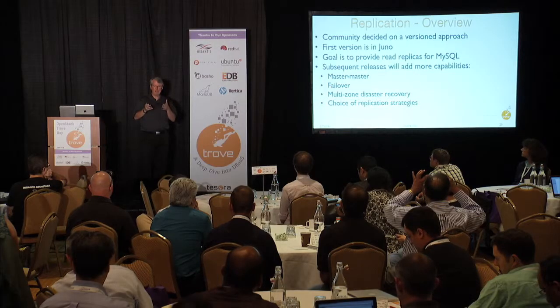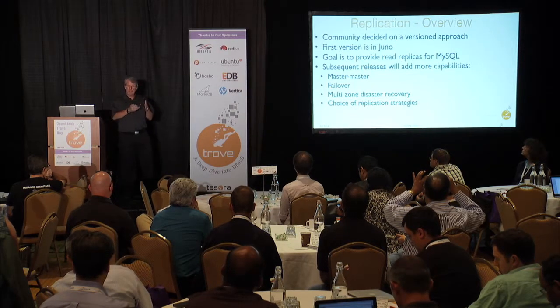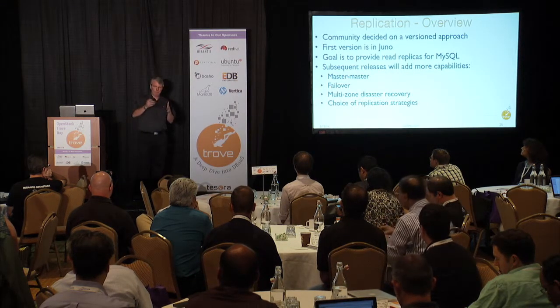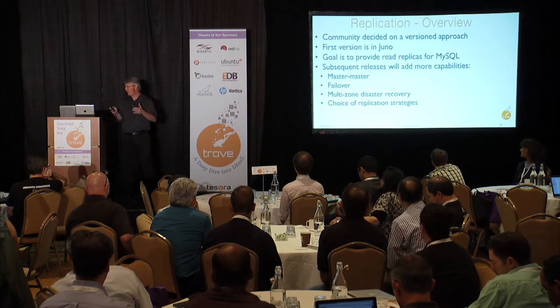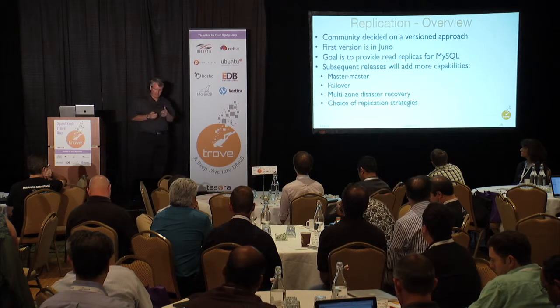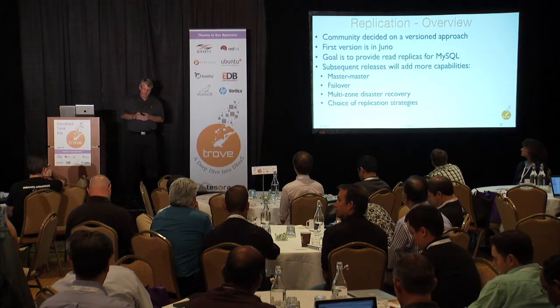We're in the Juno cycle, so the first version was going to be in Juno, and basically focused on read replicas for MySQL. That's the scope of that feature. The intention is that over time, we would broaden this out to more support beyond read replicas in MySQL, and obviously for other data store types, but that's the focus in Juno.